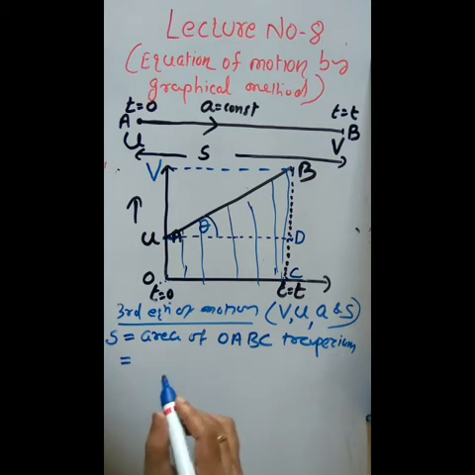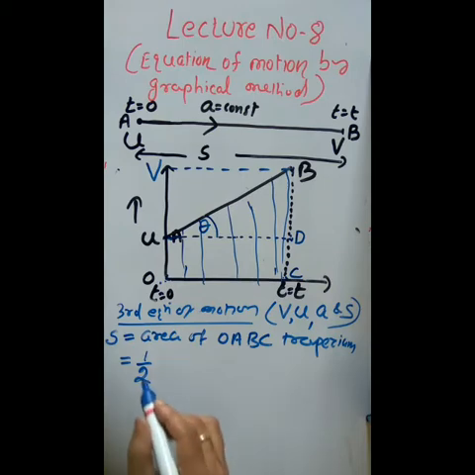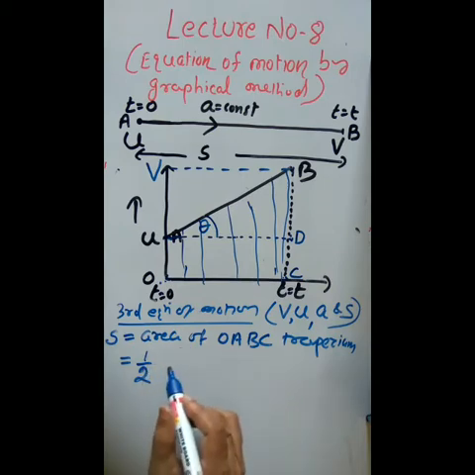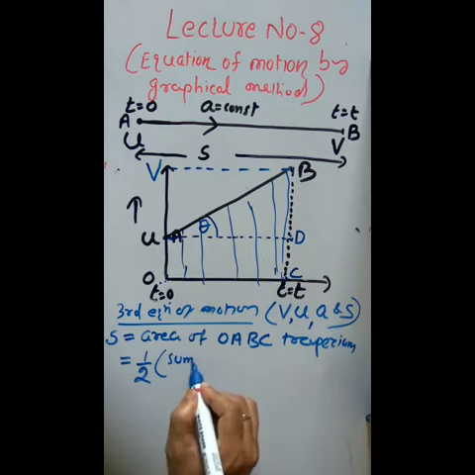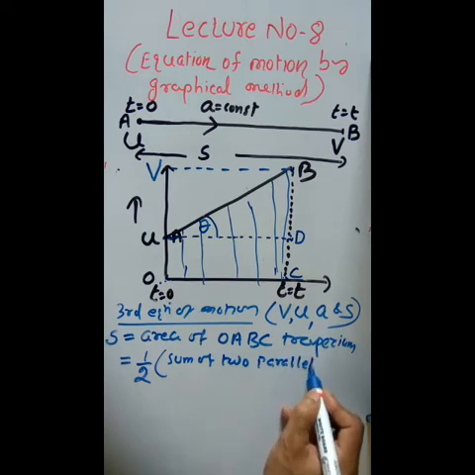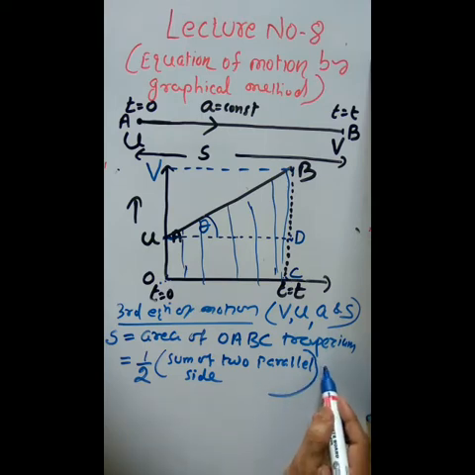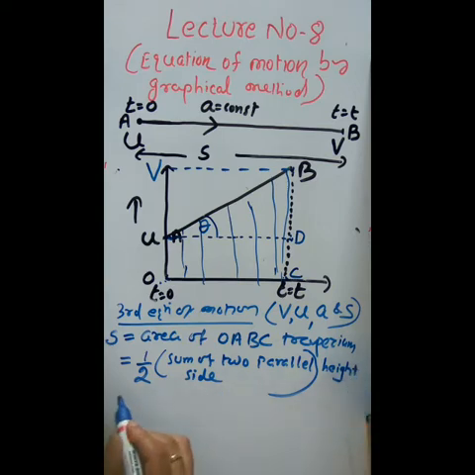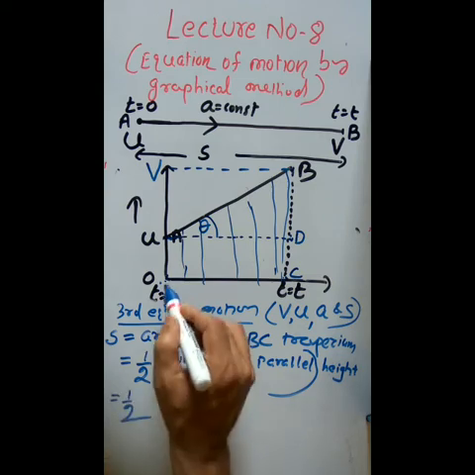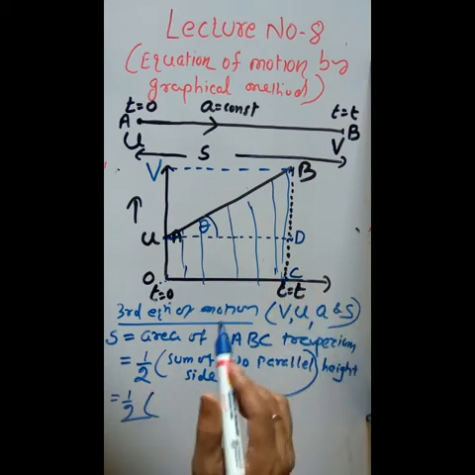And we know what the area of a trapezium is. If we refer to your geometry mathematics chapter, the area of a trapezium is equal to half into the sum of two parallel sides into the height of the trapezium. This is the formula. So the area of OABC trapezium is half into the sum of parallel sides.